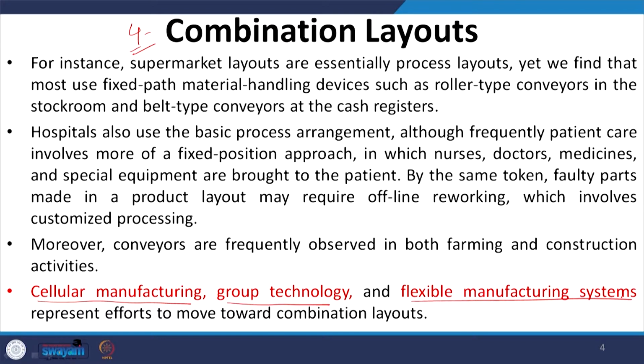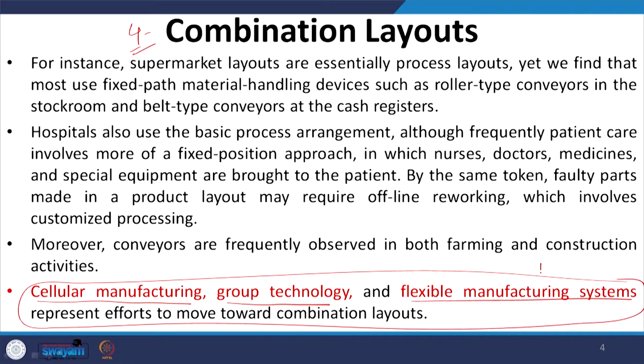These are some of the very popular names, used very regularly whenever we are talking of advanced manufacturing techniques. When we talk of advanced manufacturing techniques, one of the important things is whether you have adopted cellular manufacturing, whether you have FMS in your organization, whether you have group technology in your organization.